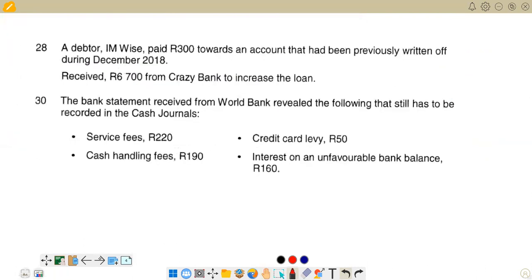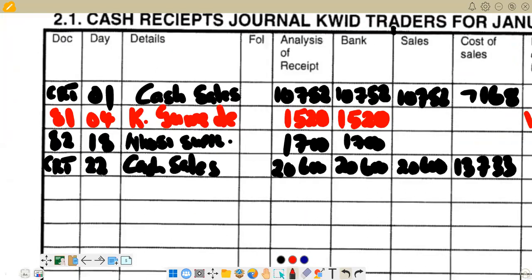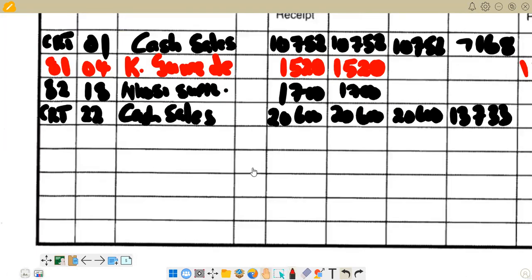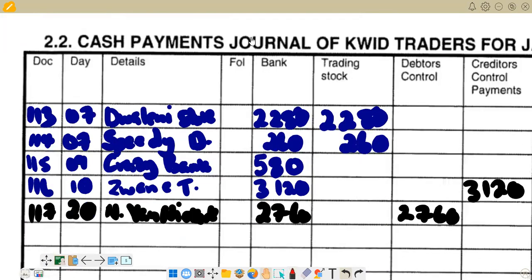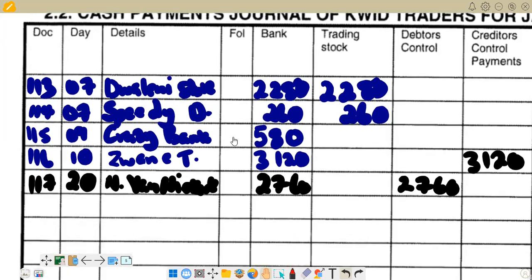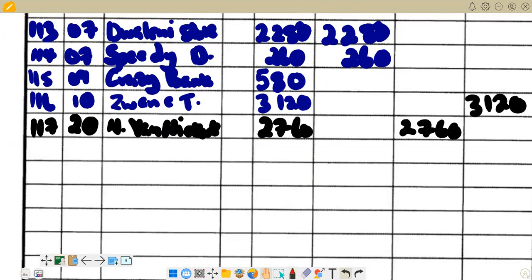So we go back there. We look for cash payments. This is cash receipts. So we look for the cash payments journal. Right, we are here, so we can just enter the required.